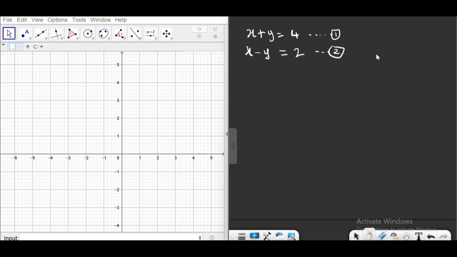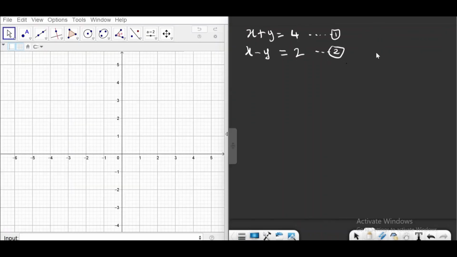What we mean by that is that when we get these two values and substitute them back into the equation, we are going to get the right hand side. That's what we are going to achieve today.